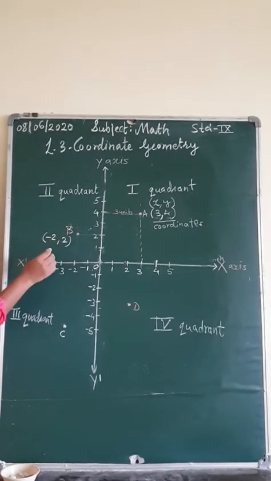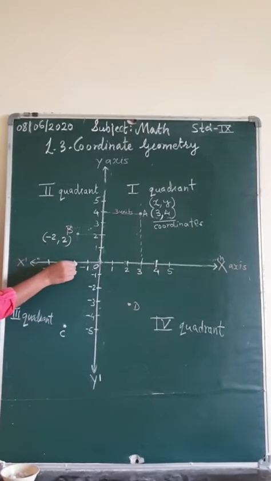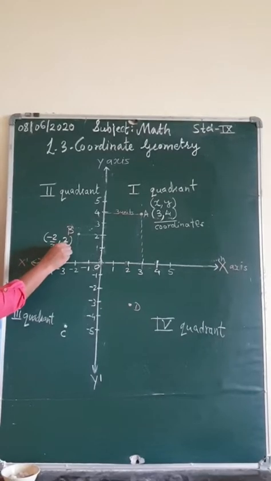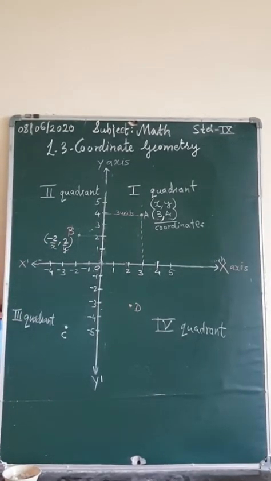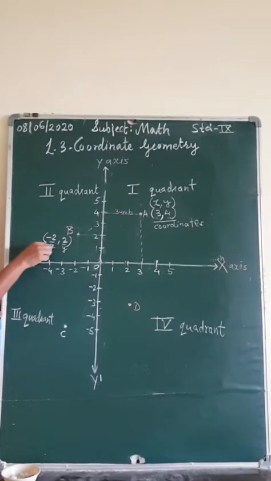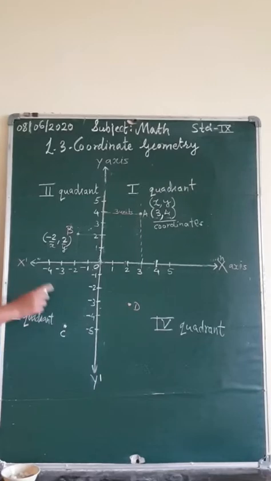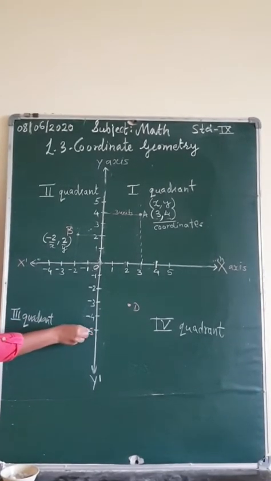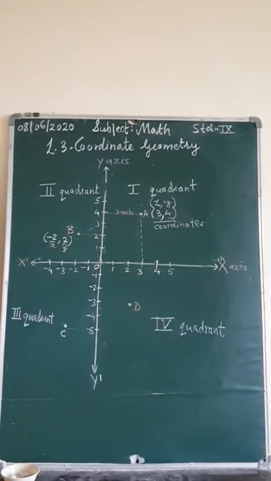So what have we written here first? I have written first the X coordinate and then the Y coordinate. This is the fixed position of writing the coordinates of a point. Always we have to write X coordinate first. Now let's move to point C. Horizontally, how far is C from the y-axis?